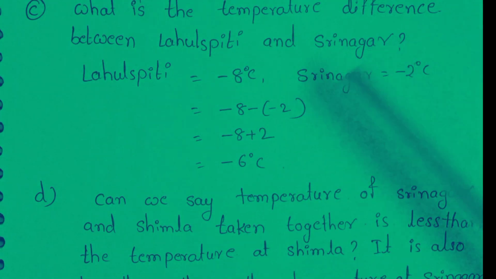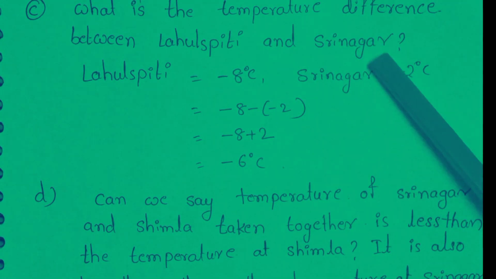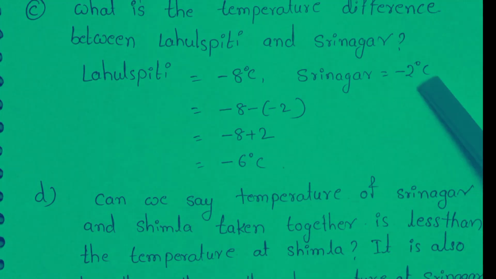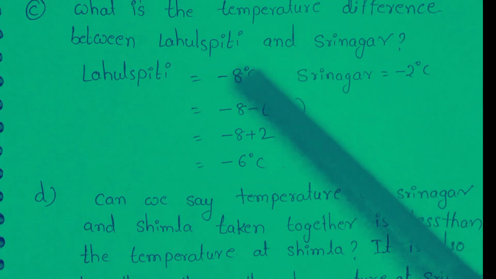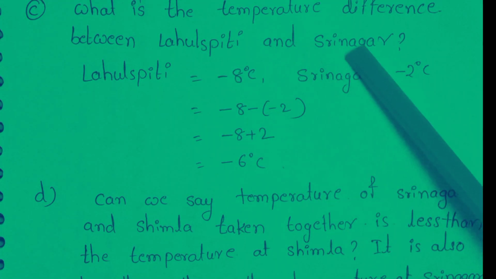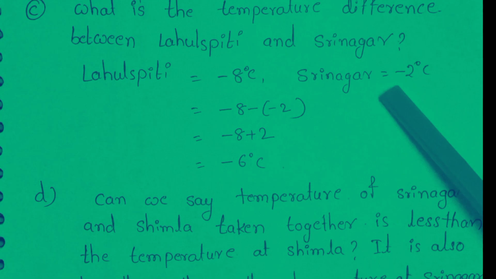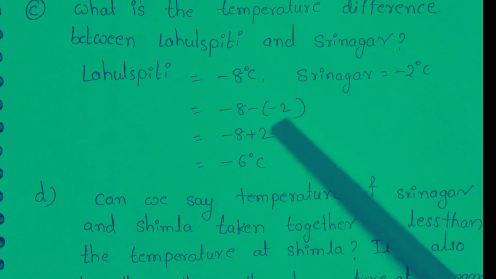What is the temperature difference between Lahul Spiti and Srinagar? Lahul Spiti's temperature is minus 8 degrees centigrade. Srinagar is minus 2 degrees centigrade. Now find the difference of both places. Minus 8 degrees as it is, then we subtract. Now keep the minus symbol, then Srinagar is minus 2 degrees centigrade.